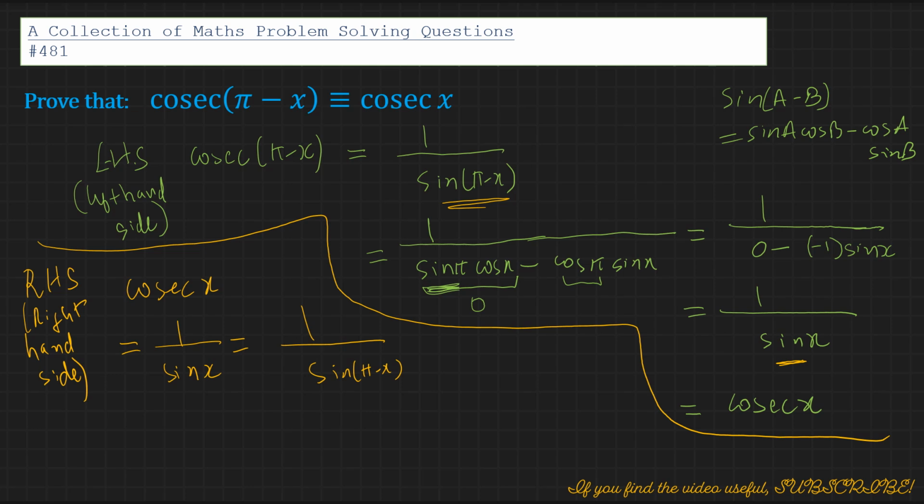So on the other hand, sine x is also equal to sine(pi minus x). I can write 1 out of sine x equals 1 out of sine(pi minus x), and that equals cosec(pi minus x). So we have proved both sides, and the proof is done.